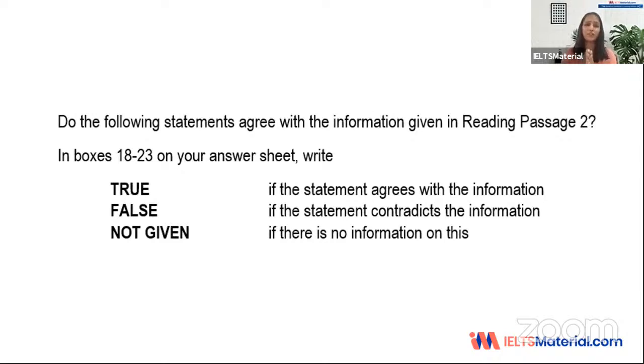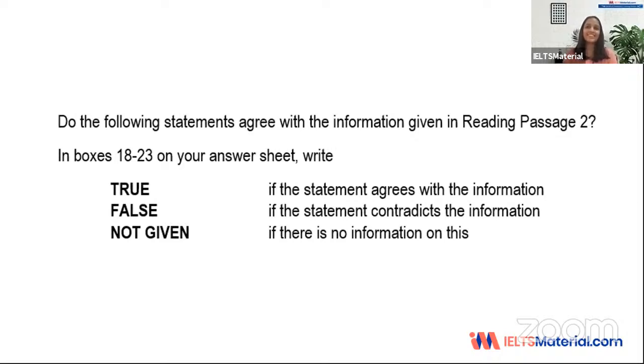Often students get confused between false and not given. How many of you do get confused? Hi, Gulshan. Hi, Somraj. Hi, Aru. All right. So yes, Harpreet, I think you need some expert guidance on how to solve these questions. So make sure that you follow us throughout the session, and I'm sure you will improve your band score in your next test.